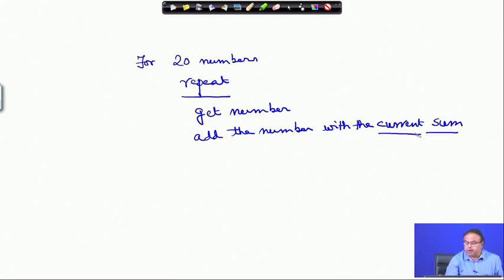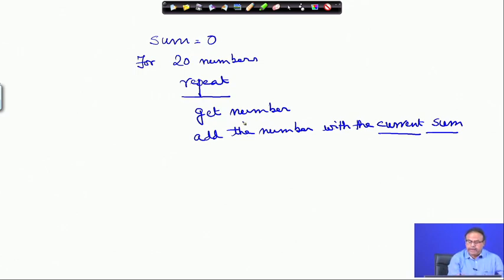That means, presently whatever is the value of sum, I add that number that I read with that. Now, initially therefore, what should be the current sum? Initially when I am starting, the sum is 0, all right. So, I can say let sum be 0 initially.